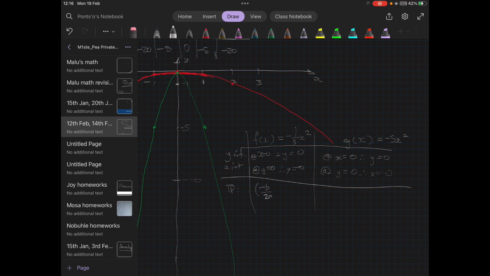Then we're going to do the turning point. It's minus b over 2a and f of minus b over 2a. You don't have a b, so it's also 0, right? Yeah. Great.